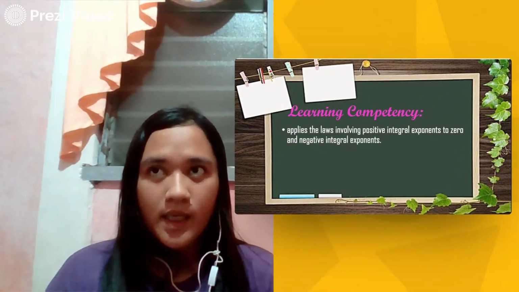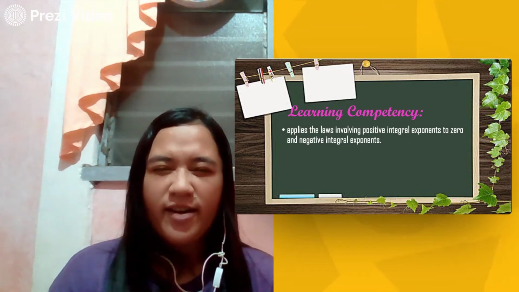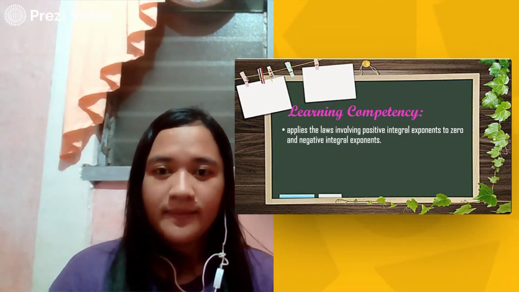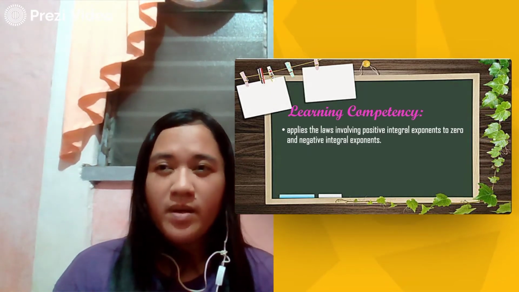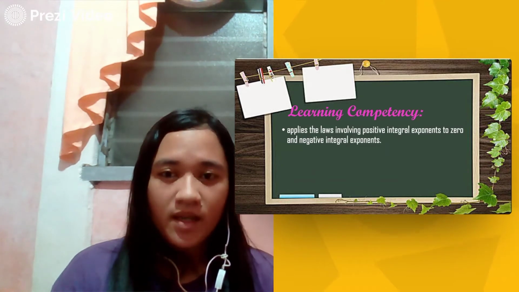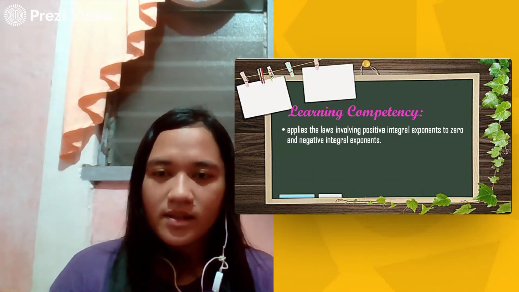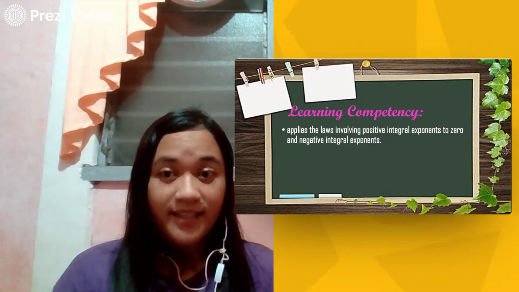Before we proceed, do you still recall what you learned in Grade 7 and Grade 8 about exponents? Maybe some of you forgot, and some still remember what you learned during that time.